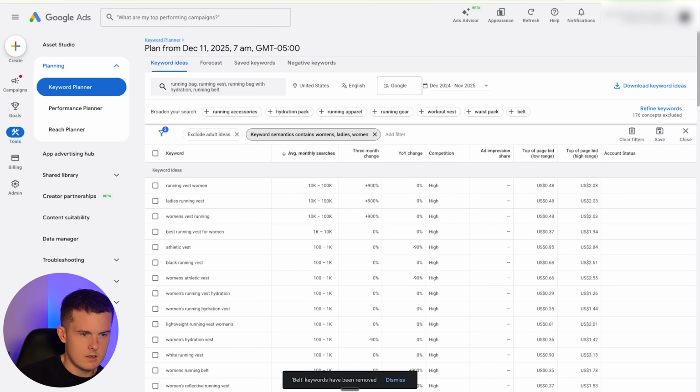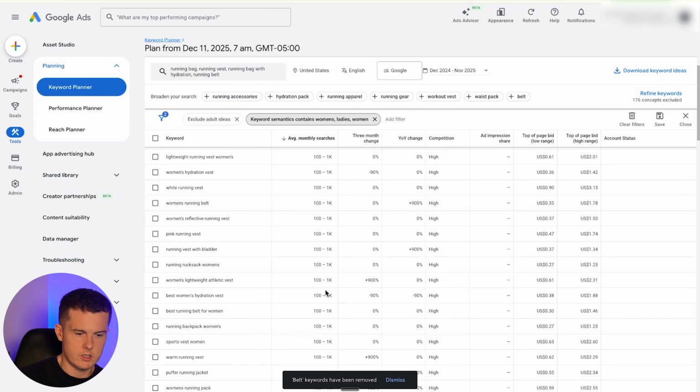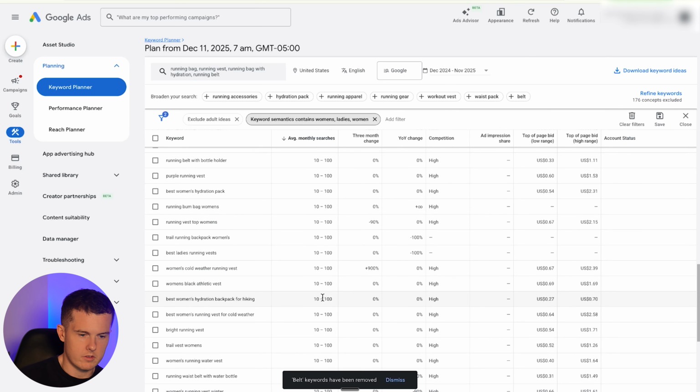The idea here is that basically you're going through this list. You're making sure that your keywords that you're choosing have a relatively high degree of monthly searches. So if you keep scrolling down here and you see 10 to 100, what it's going to be is that these search queries or these keywords have very low search volume.